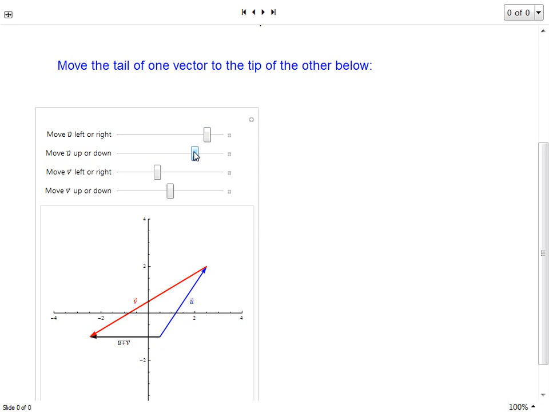And once I do that, boom, I create this new vector that starts at the tail of U, goes up to the tip of U and tail of V, and then comes back down here, so that U plus V is really just going from the tail of U to the tip of V once they're pasted together. So this black vector is the result of adding those two vectors. Did y'all see that?